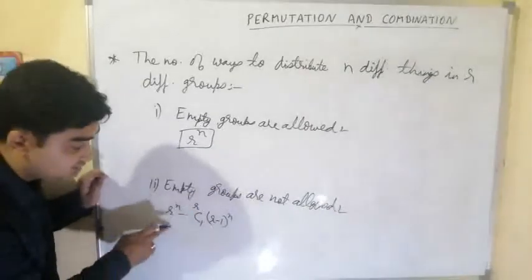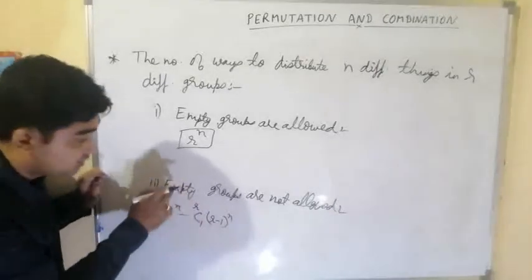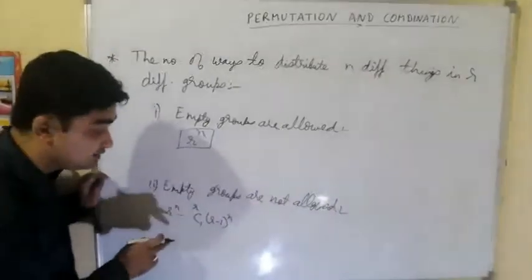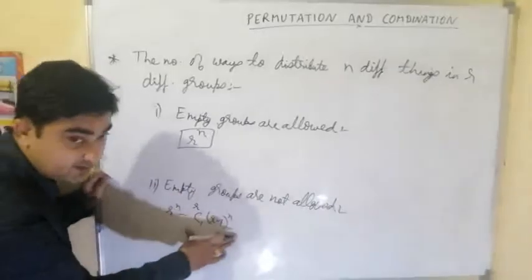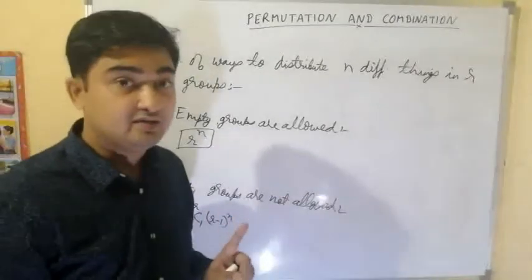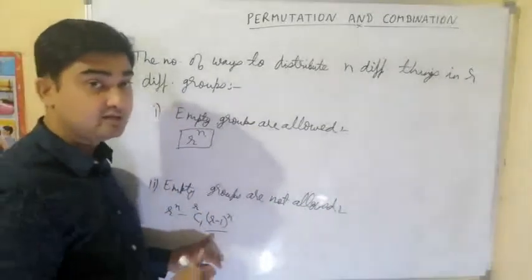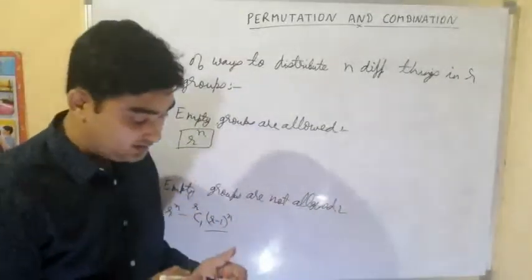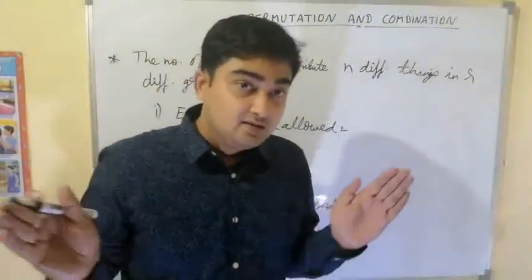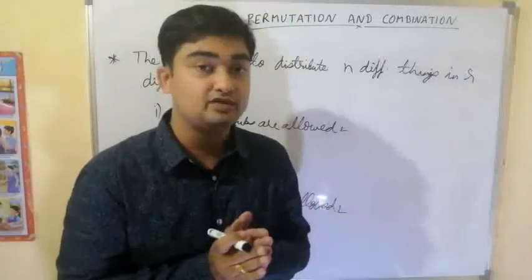This we have subtracted, the cases where 1 is selected, 1 is empty, because we don't want any empty group. But when we are subtracting this where at least 1 is empty, this means total possibilities for the remaining r minus 1. That total possibilities for the remaining r minus 1 will also have the possibility where everything is given to 1, everything is given to 2, everything is given to 3.